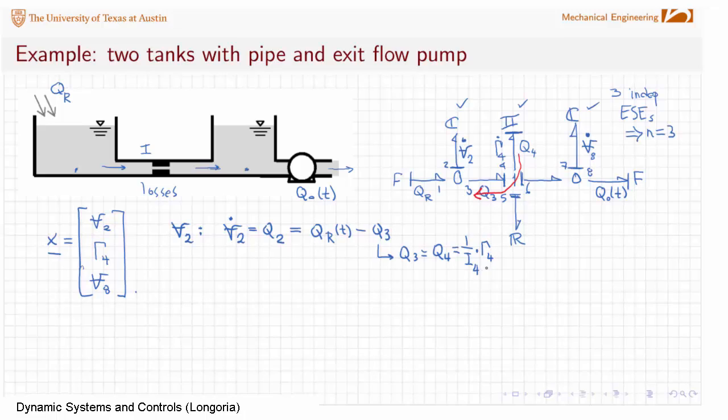That's the constitutive relation for the inertia in here, and this is I4. Okay, and so note this is an input. Q3 can be written as a function of state, and that state equation would be done.